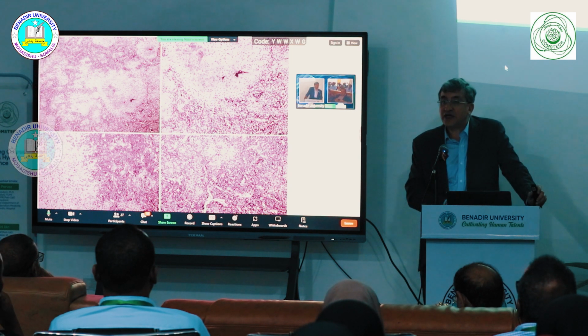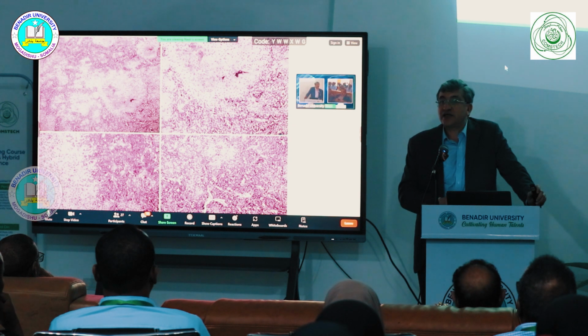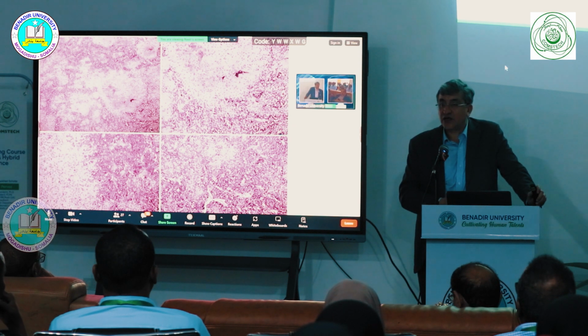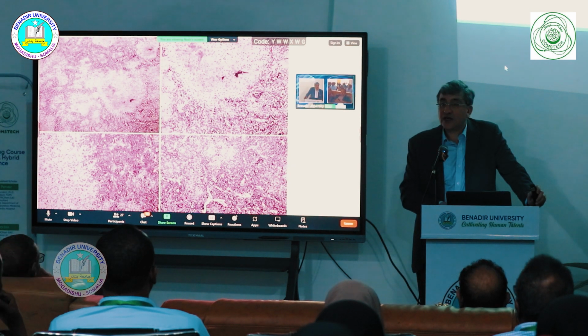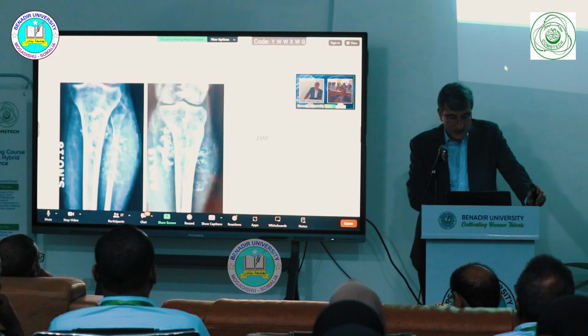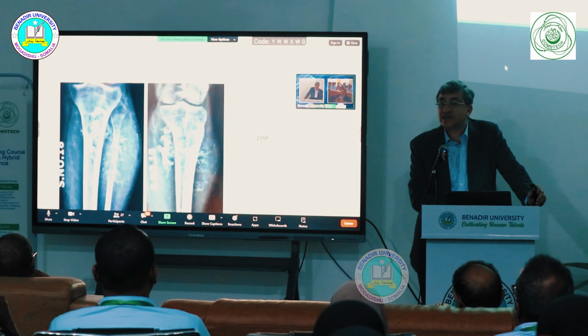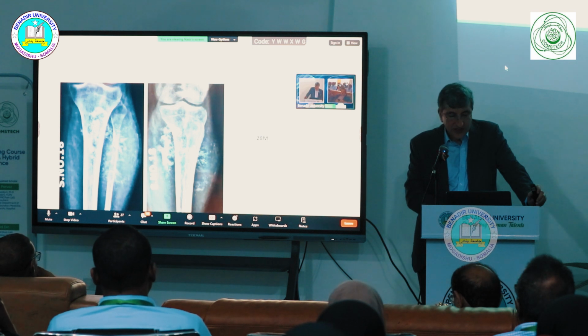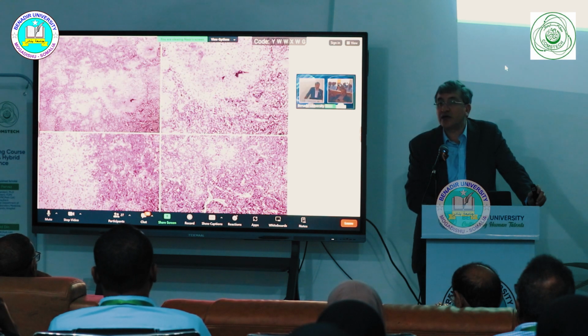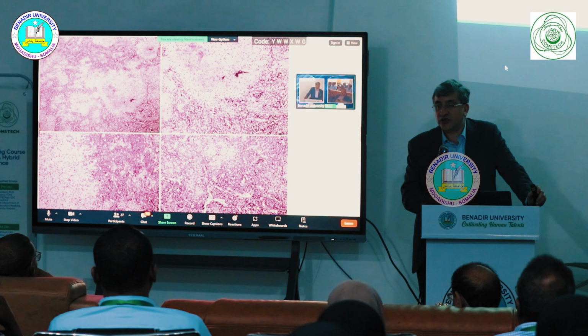So the pitfall here would be calling it Ewing sarcoma or chondrosarcoma. But remember, Ewing sarcoma does not show this type of mineralization, and additionally, there is no cartilage present in cases of Ewing sarcoma.